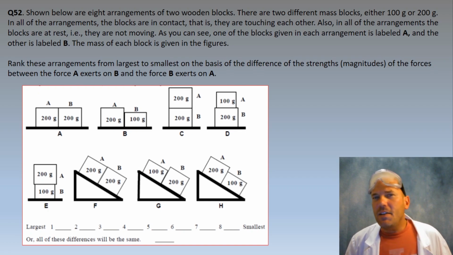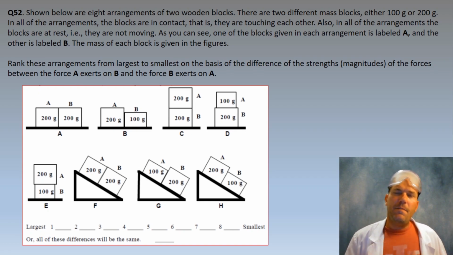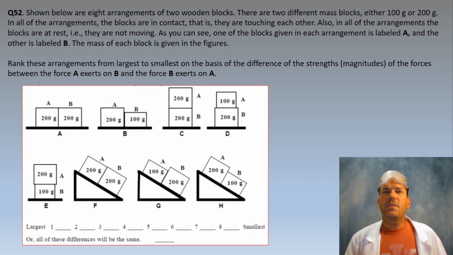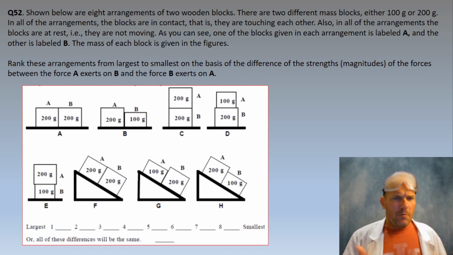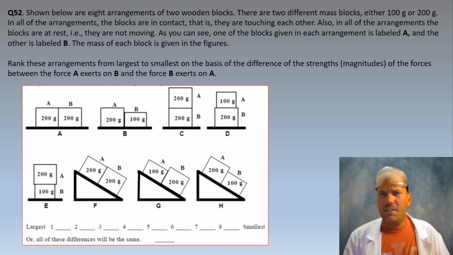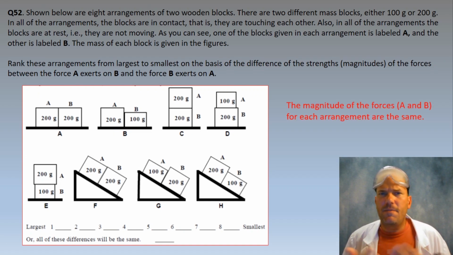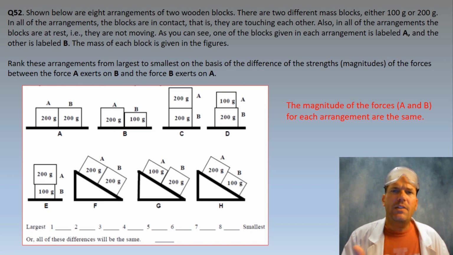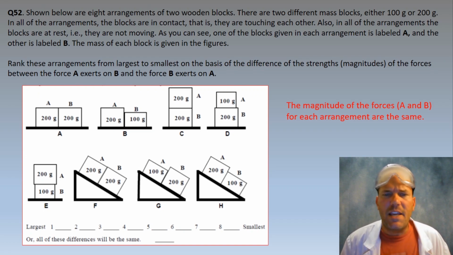However, in the end, remember that in a force pair, those forces will be equal in magnitude, opposite in direction. So regardless of what these forces might be, some we can calculate, some we cannot, because we do not know information about several of these arrangements that would allow us to calculate it, they're all the same.